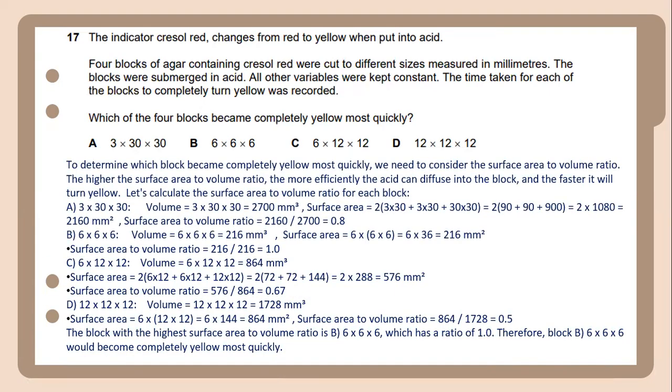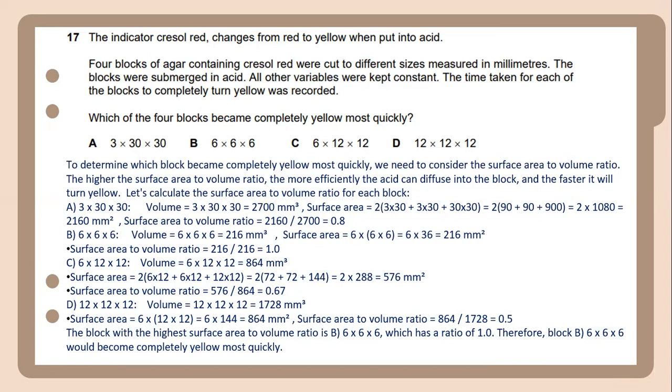So in this question, to determine which block became completely yellow most quickly, we need to consider the surface area to volume ratio. The higher the surface area to volume ratio, the more efficiently the acid can diffuse into the block, and the faster it will turn yellow. Let's calculate the surface area to volume ratio for each block.